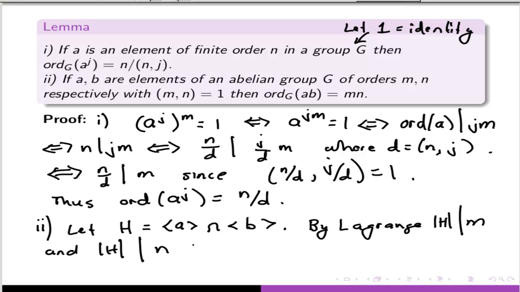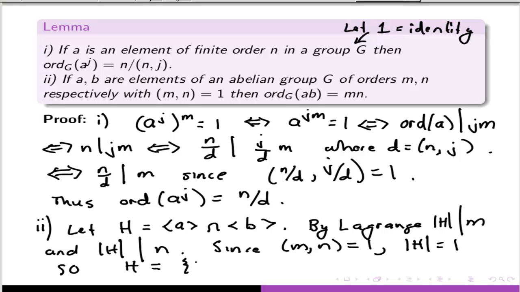So it's a common divisor of m and n. So since the only common divisor of m and n is 1, the cardinality of H must in fact equal 1. So the only overlap is just the identity. Okay, I'm going to need that now.